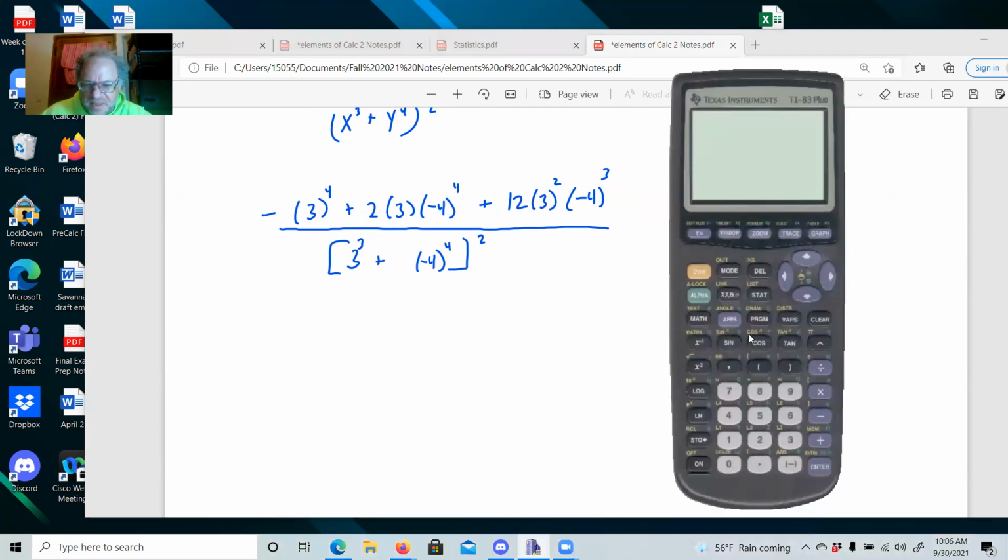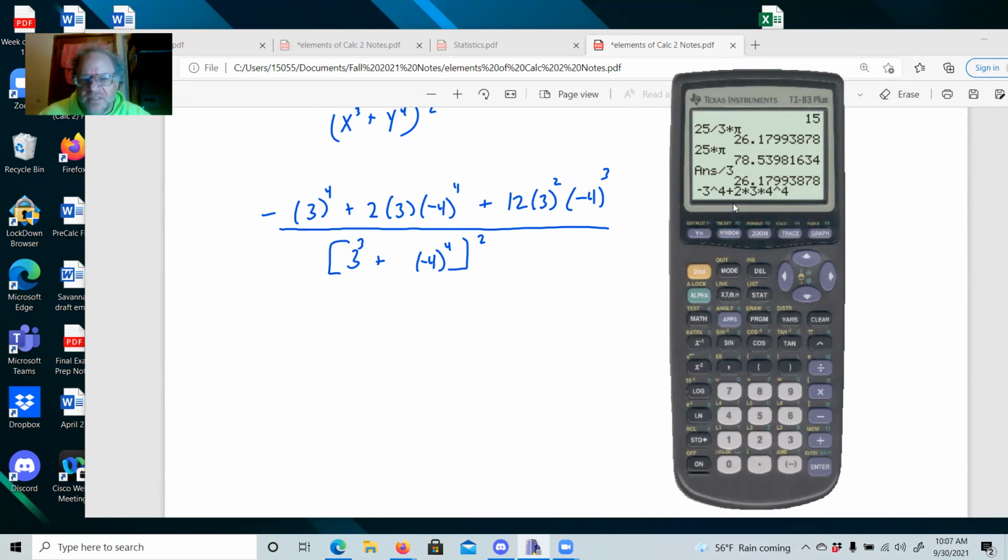So here's what we're going to do. Pop, pop. So we have -3 caret to the 4th, because the negative's on the outside. Okay, plus 2 times 3 times negatives on the inside, we're going to raise to the 4th power, so that's going to be positive numbers. So raised to the 4 caret 4.